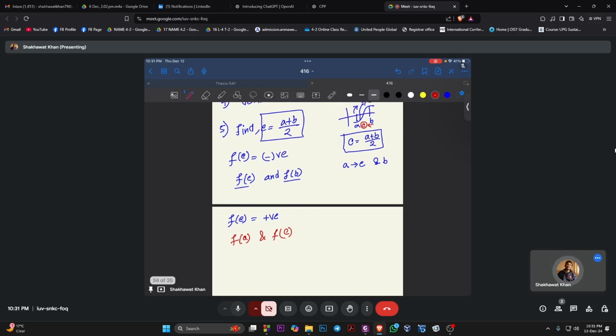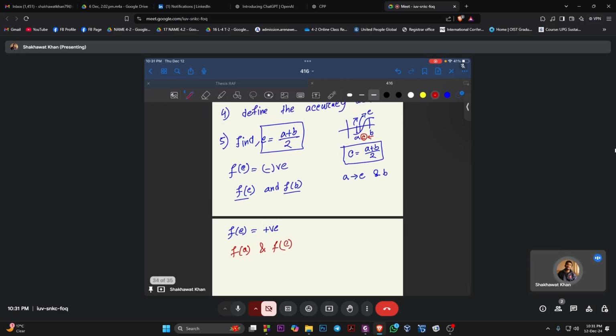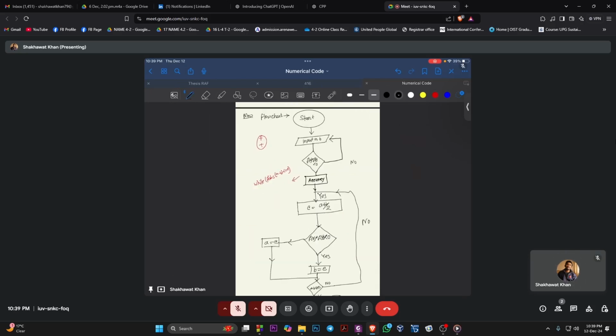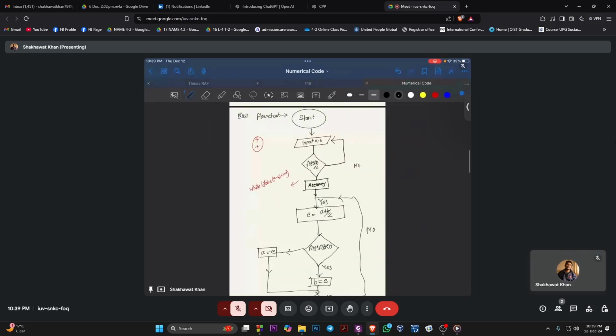You exactly understand the problem, that a to c or b to c. Actually, we wanted to go from our initial case to the main solution. This happens by c equal to a plus b by 2, and this is the problem flowchart that we will develop in our next programming C++ interface.